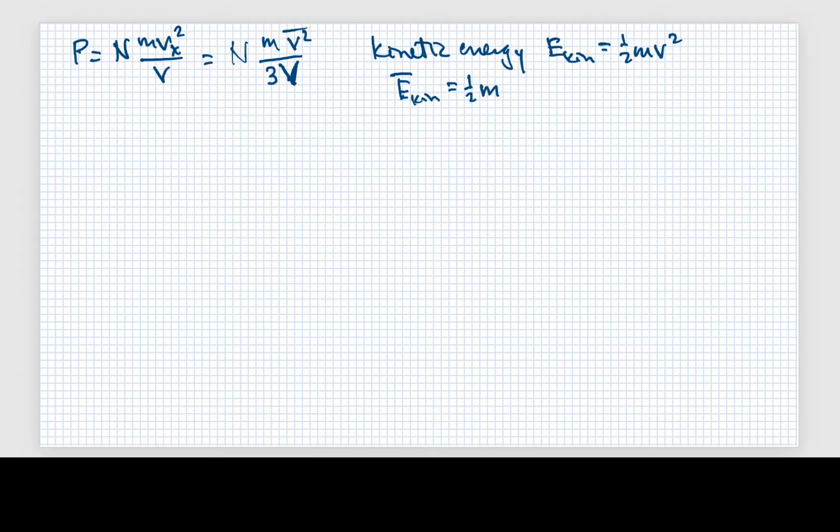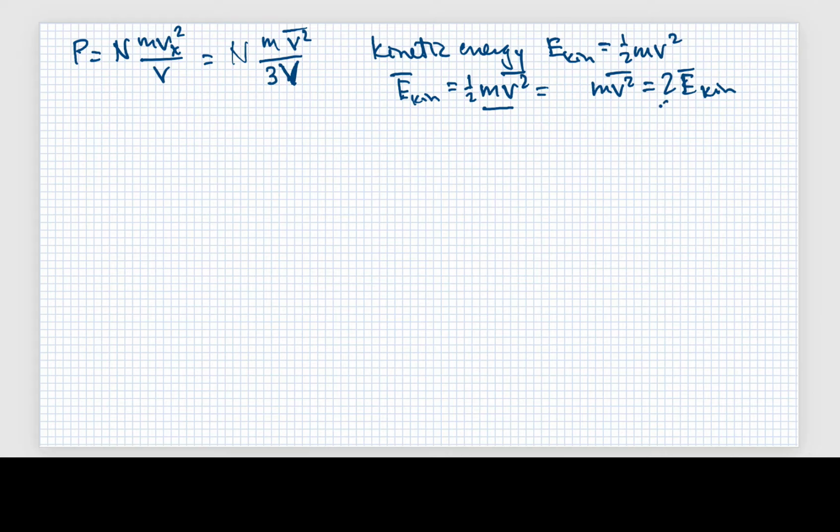They'll all have the same mass, so it's just 1/2 this. And I know that this v squared is actually 3 times vx squared, but whatever we want to use here, we can look at this mv squared is equal to twice the average kinetic energy.